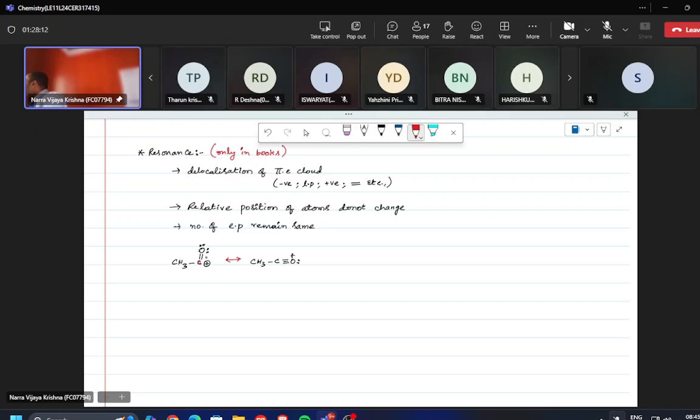Compare this case: around this carbon, how many? 8 electrons, so the octet is satisfied. Around oxygen also, how many electrons? 8, with 3 bonds and 1 lone pair. Again an octet. So in this one both have an octet, whereas here only oxygen has an octet, but not carbon. So due to the satisfied octet, which is more stable?